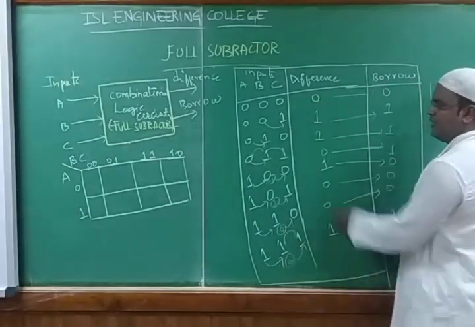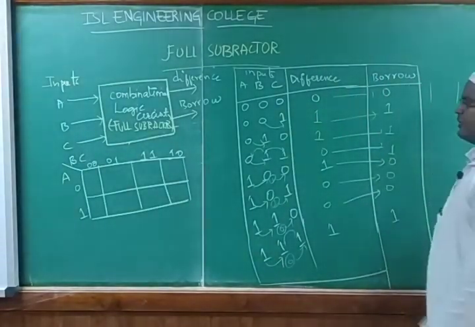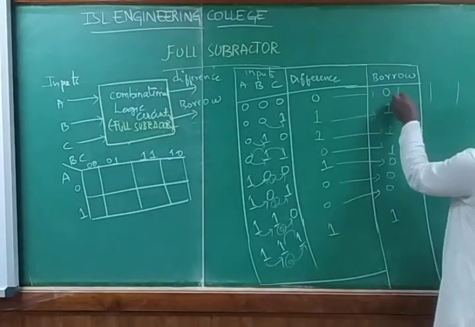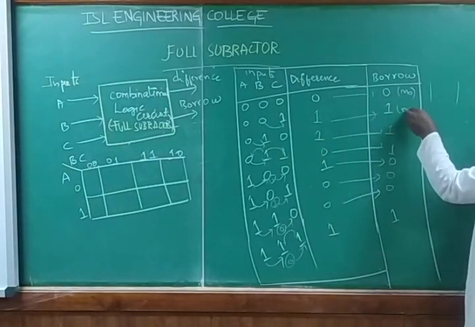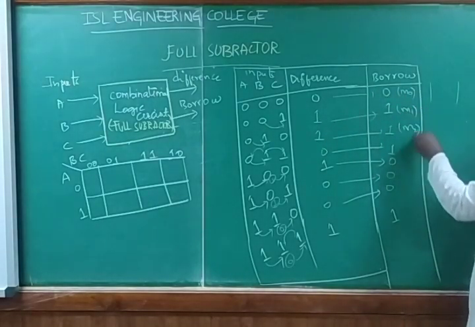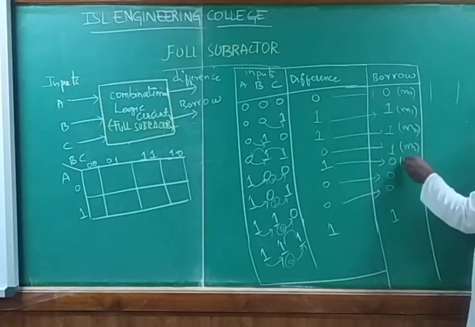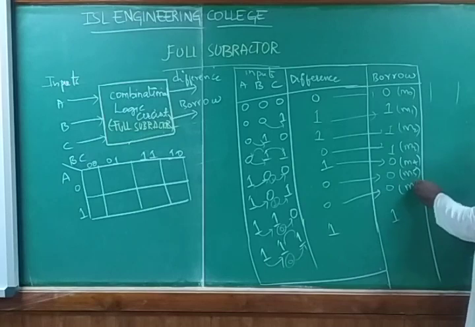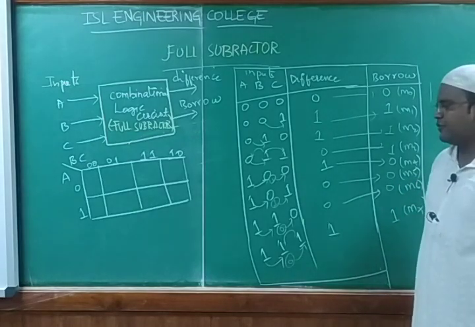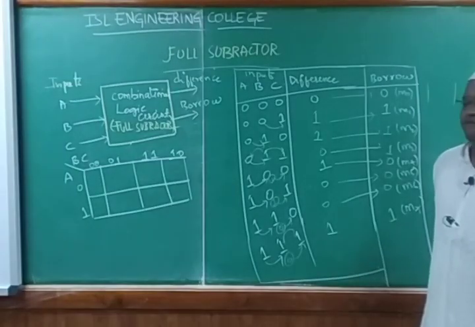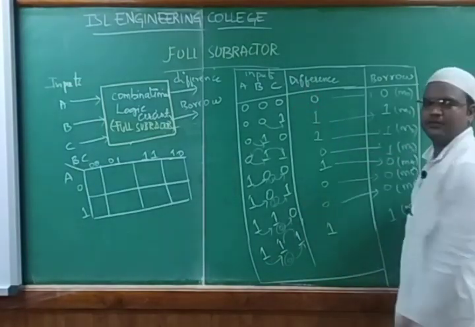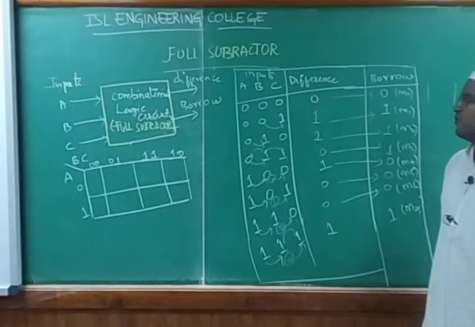Now, the same thing, I need to mention those minterm values. What can I write for this? Minterms M0, M1, M2, M3, M4, M5, M6 and M7. So we have these inputs. We just want to write the output for the first one, that is difference.